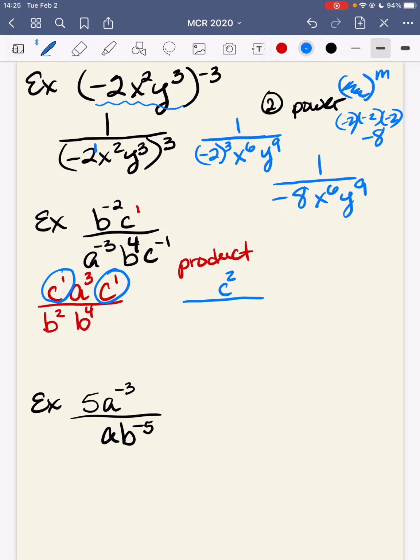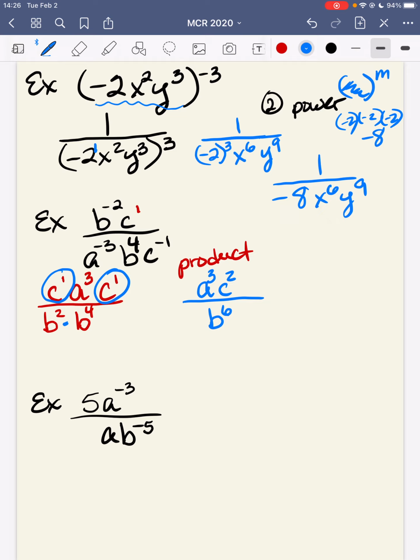And then my a to the 3rd is the only a up there. I'm just going to write them. If you have it the other way, c first and then a, it's totally fine. My b's, remember this is multiplication, I have a b on the bottom to the 2 plus 4, which is 6. And at this point, you're done, because you don't have any numbers where you actually have to do the multiplication.